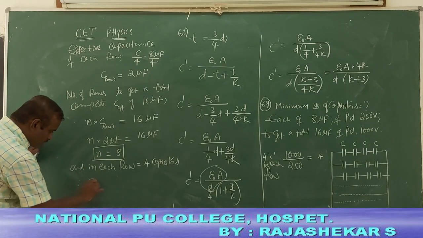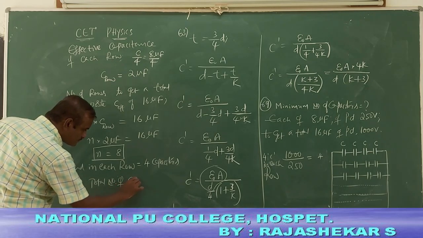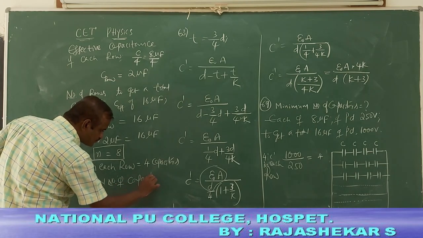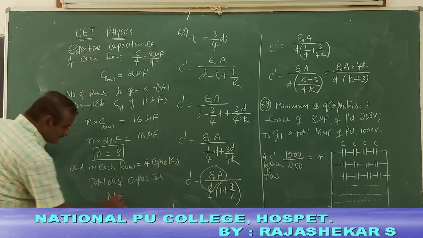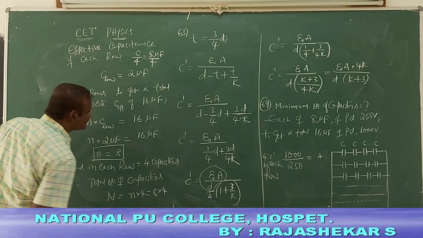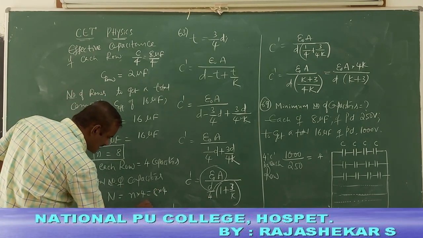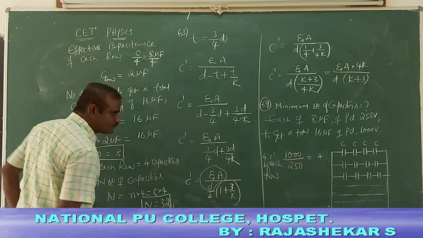Therefore total number of capacitors capital N is equal to n into 4, 8 into 4. This is equal to 32 capacitors you require.